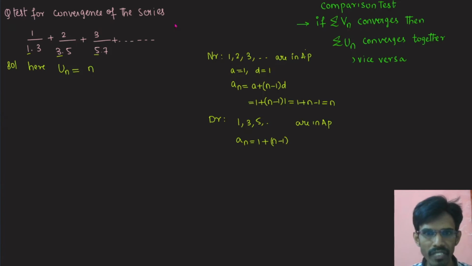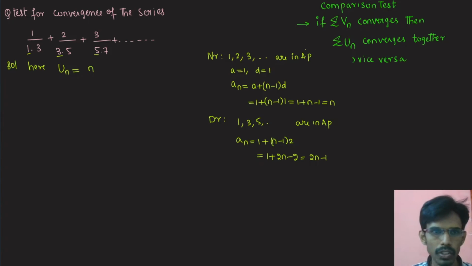D is common difference, that is 3 minus 1, 2. So here we have 1 plus 2n minus 2. So we have 2n minus 1 is the general term. In denominator we have 2n minus 1 is the first term.